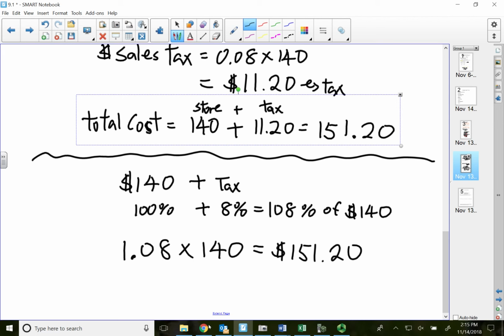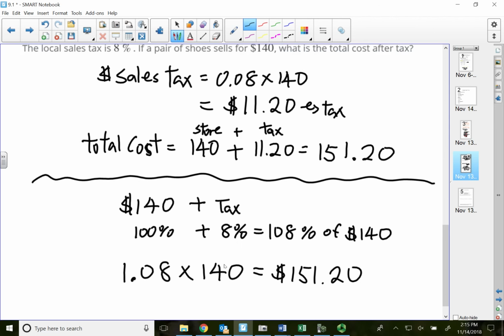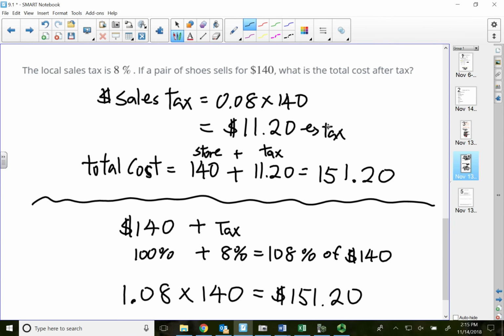Okay, so why does this seem easier? Well, it seems easier because I'm adding the percentage here, then I multiply by the 140. Whereas the other way, I'm adding the money instead of adding the percentage. It means the same thing. When I take this 140, which is 100%, plus an 8% tax, which turns out to be 11.20, that means $151.20 is actually 108% of the 140.